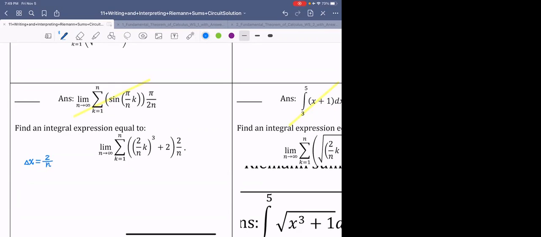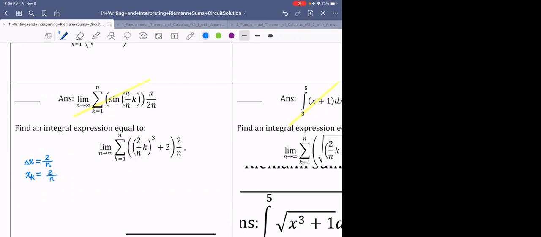Okay, so xk equals a plus delta x times k. This times k plus a is xk. Inside here, they didn't add any number, so the a is 0. Does that make sense?